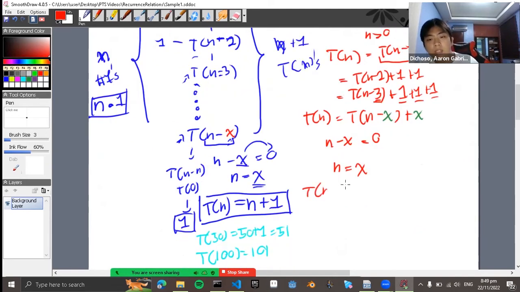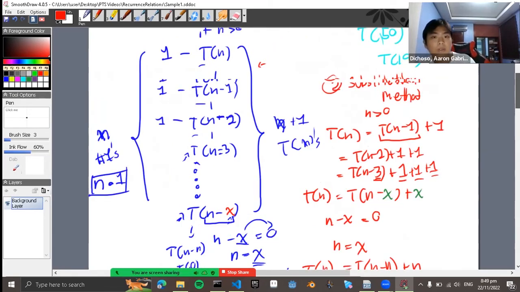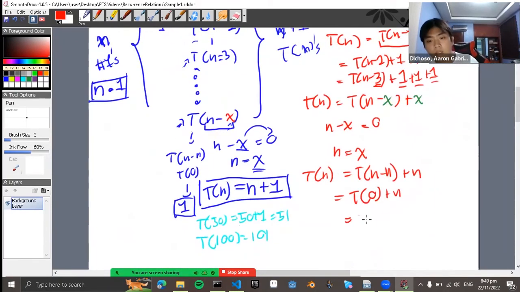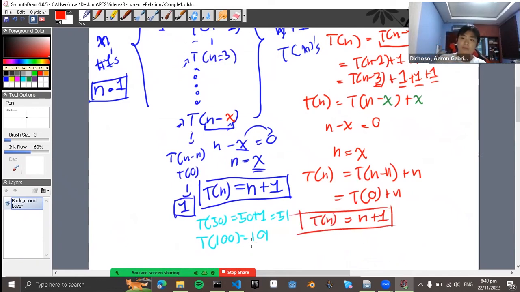And we get T of n is equal to T of n minus n plus n, T of 0 plus n. And if we check, T of 0 is equal to 1. So we would get n plus 1, which is the same time function. Okay?